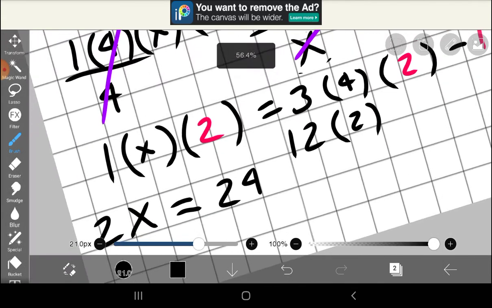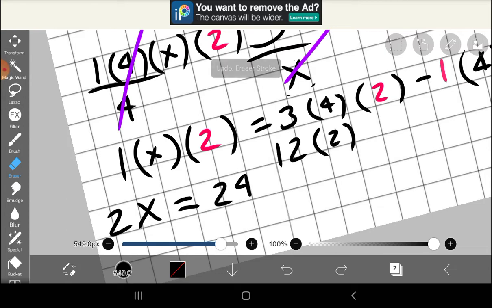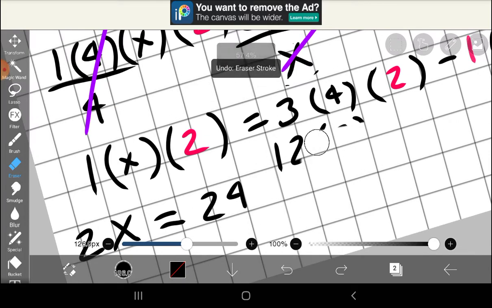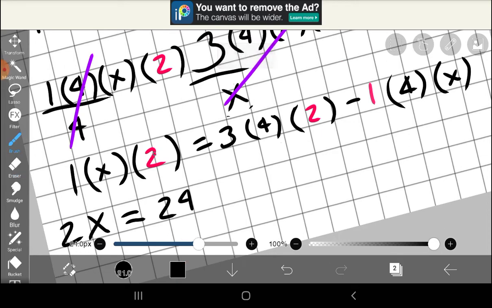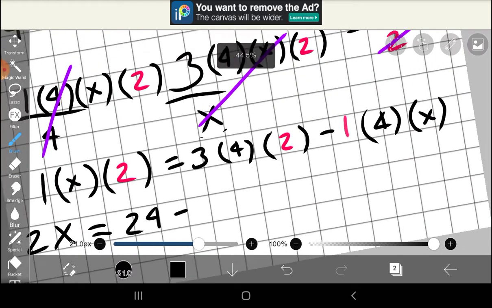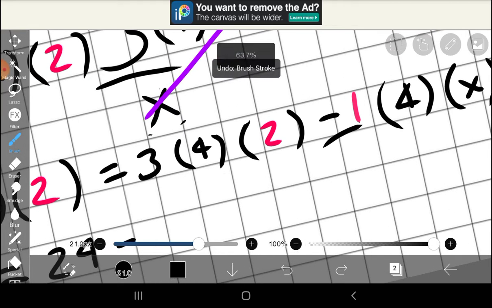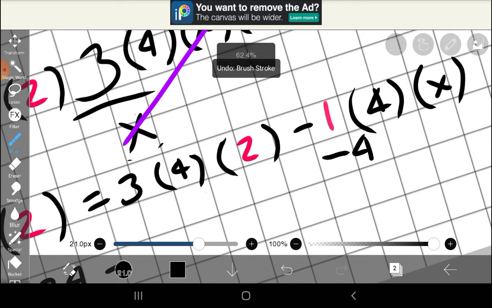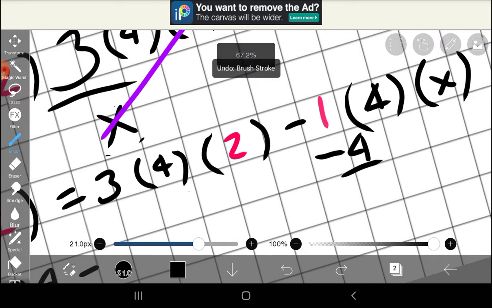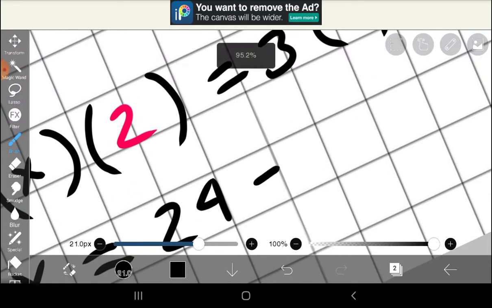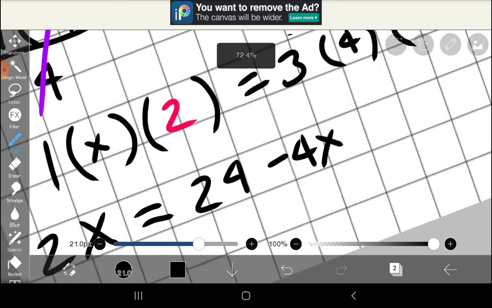So we have 24. And here there's a negative sign. So negative 1 times negative 4 is negative 4. Negative 4 times x is negative 4x.